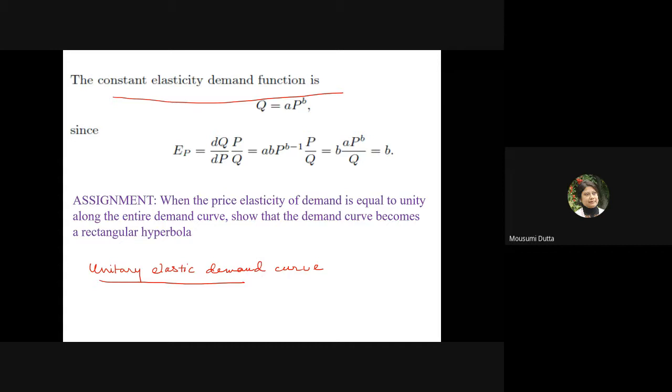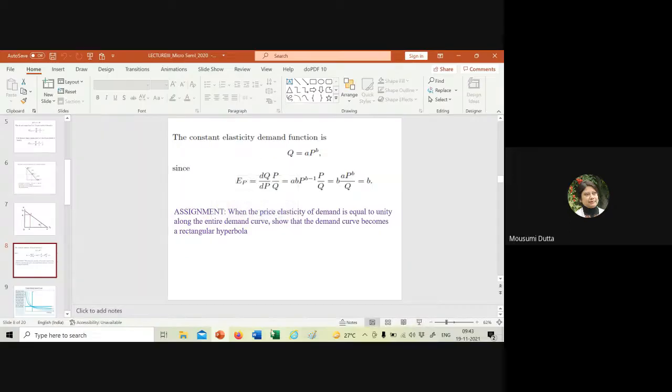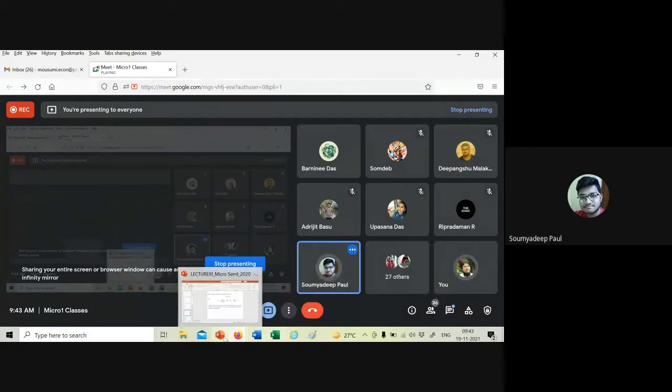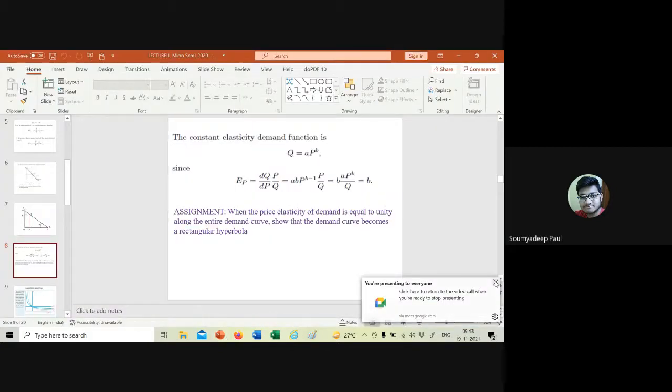Now anyone, please tell me what is the shape of a rectangular hyperbola? You did it in your mathematics at class 2 level. Ma'am, it is downward decreasing and exponential type.